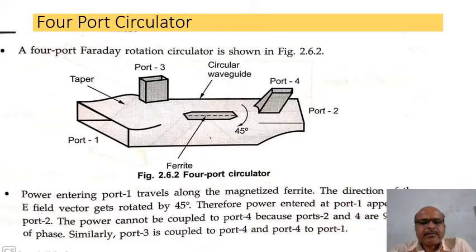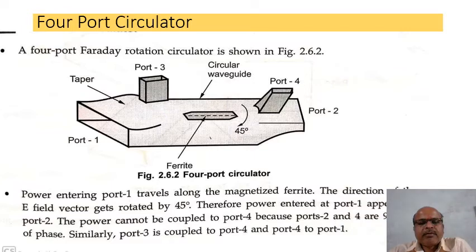This is a magnetized ferrite. The direction of the E field vector gets rotated by 45 degrees. So the electric field is rotated by 45 degrees. Therefore, power entered at port 1 appears at port 2.